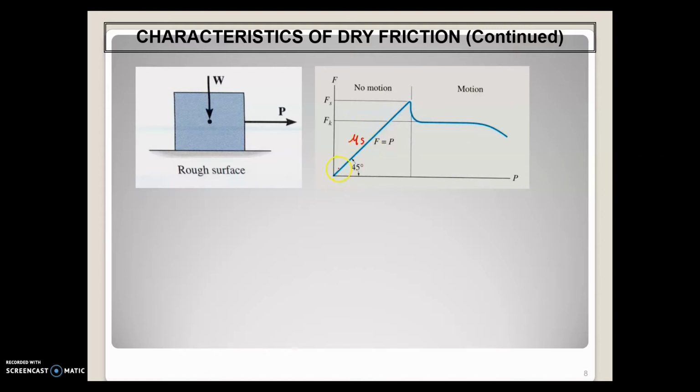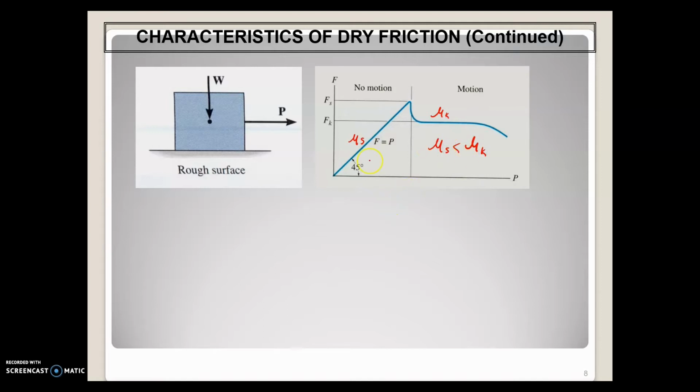Bila coefficient of friction ni increase sampai value dia 1, then baru dia start to move ataupun start to have a motion. Then we call here is kinetic friction, which is mu k. Mu s selalunya lebih besar dari mu k.